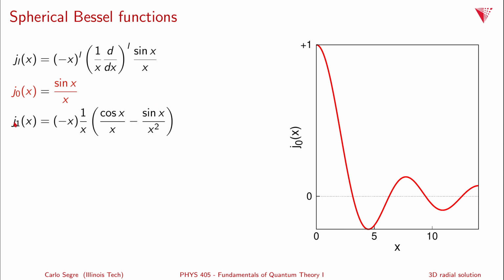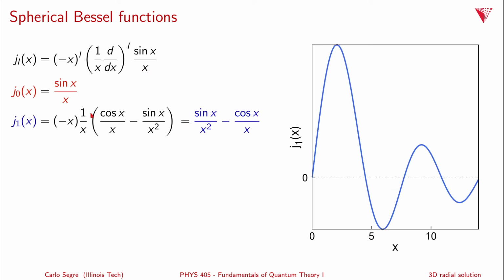j sub 1 of x is equal to minus x to the first power, then we have 1 over x to the first power times the derivative of sine x over x, which gives you cosine x over x minus sine x over x squared. And the minus sign comes because you're taking the derivative of 1 over x.